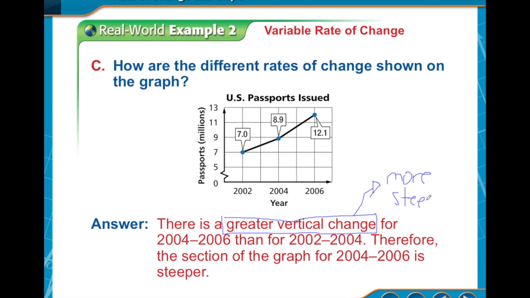So we see a higher incline. This line is shifted higher up than this line is. It's steeper, it has a higher slope, there is a greater vertical change. So those are 3 ways of saying the same thing. Understand that on a graph, the higher the incline, the greater the slope. It is steeper.